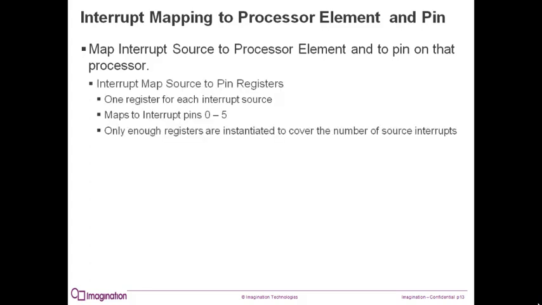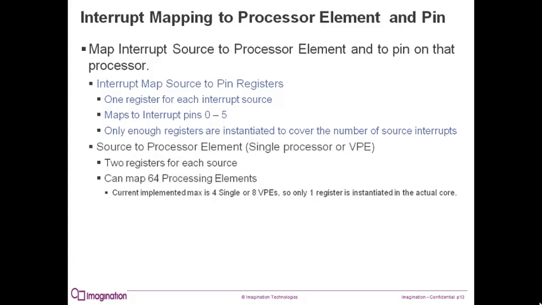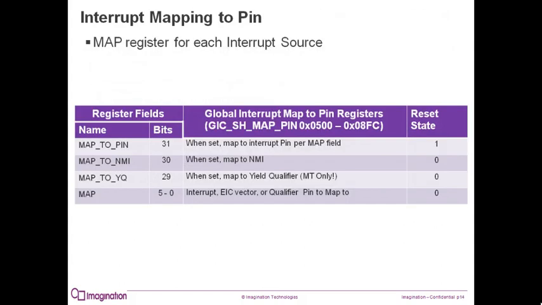The map to pin registers are used to map to a hardware interrupt pin on a processor, and the map to VPE registers are used to map to the interrupt source on a particular processor. The map to pin register is used to map an interrupt source to an interrupt pin.